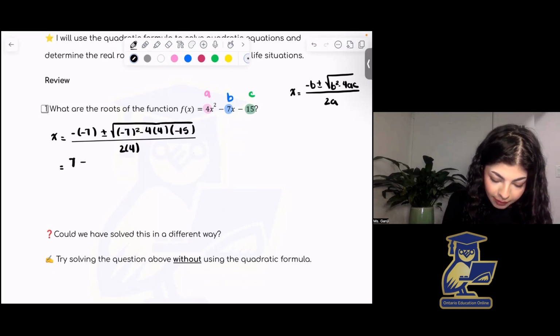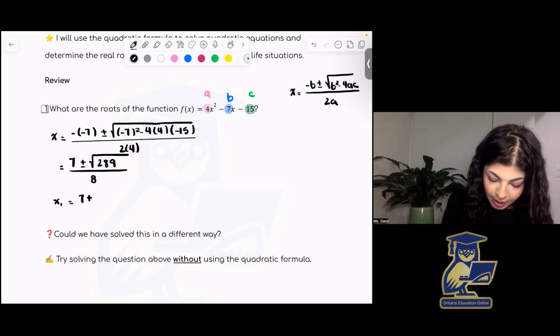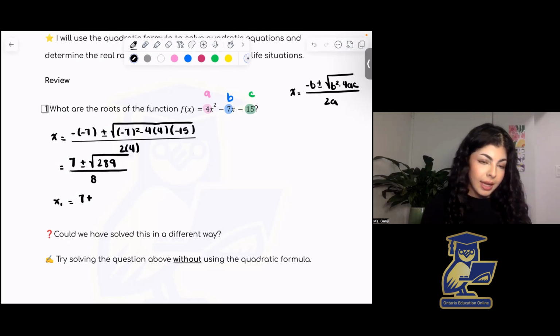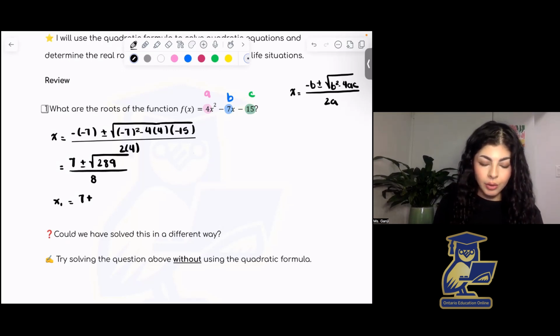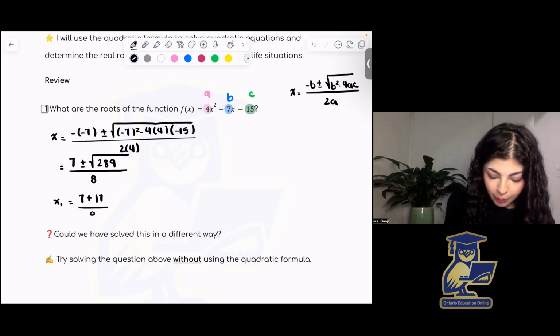So we get 7 here, and inside the square root you should get 289, divided by 8. And now we are going to split this into x1. I recognize this, but you may use a calculator for this, the square root of 289 is 17, so I'll just write it as 17 over 8.